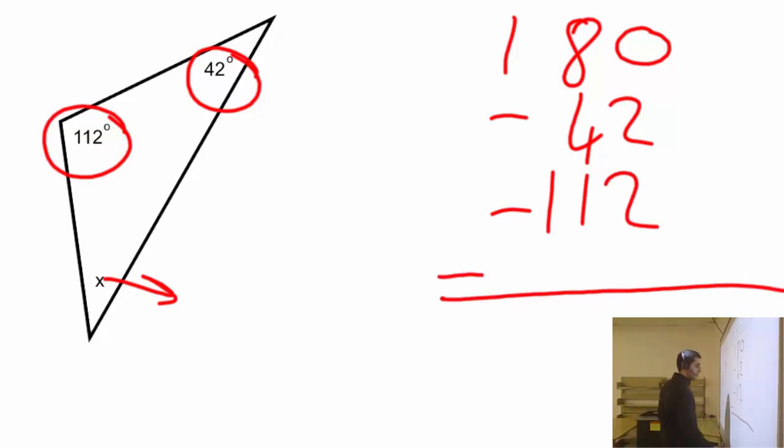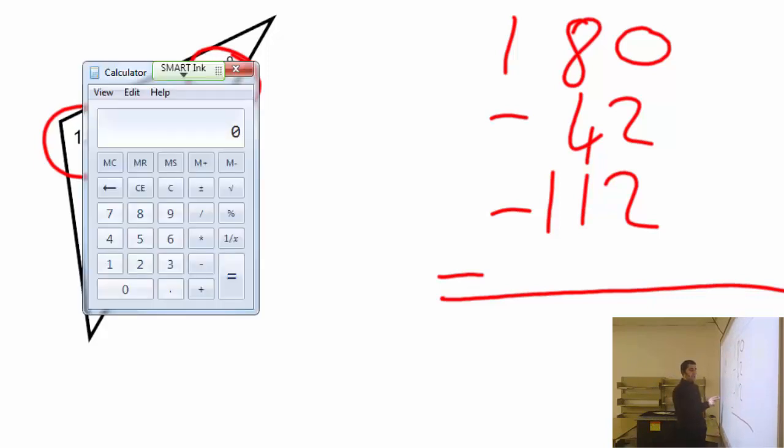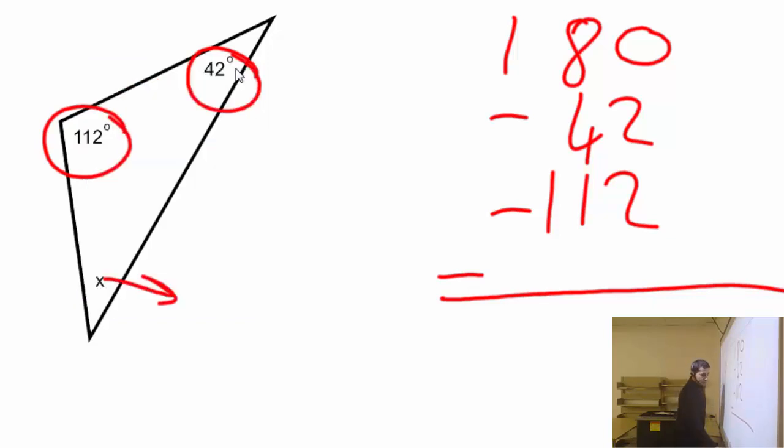Do this, you will get the missing angle, which is 180 minus 42 minus 112, 26. So that is 26 degrees.